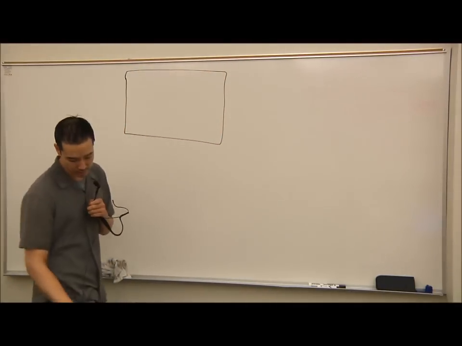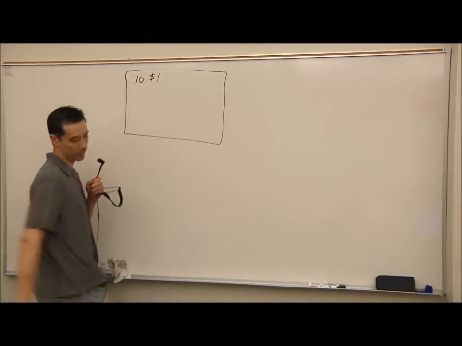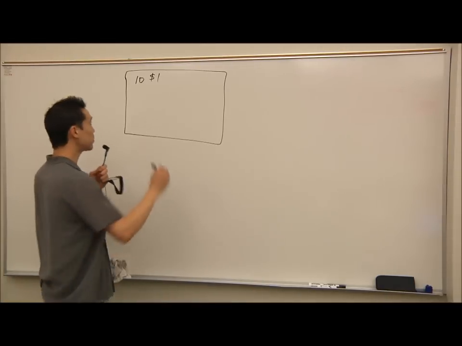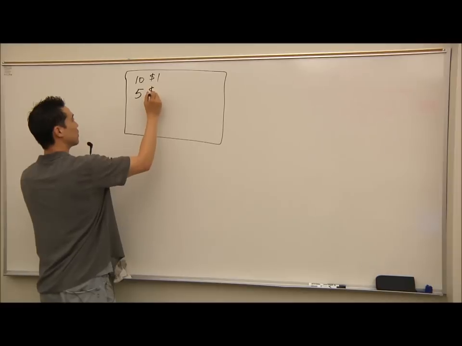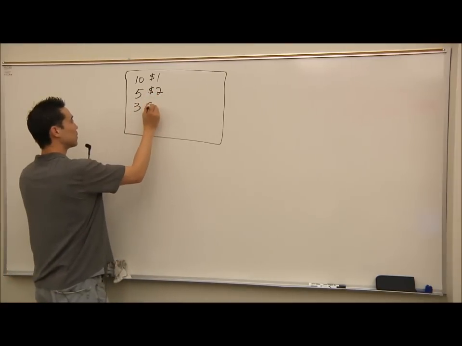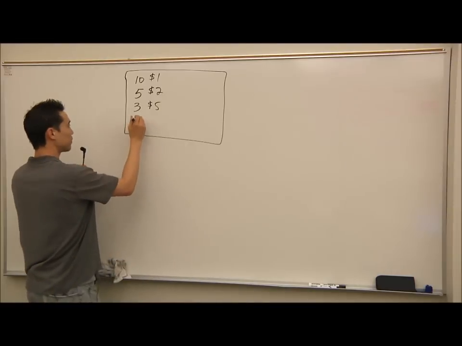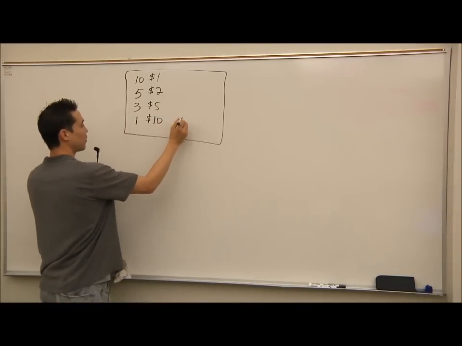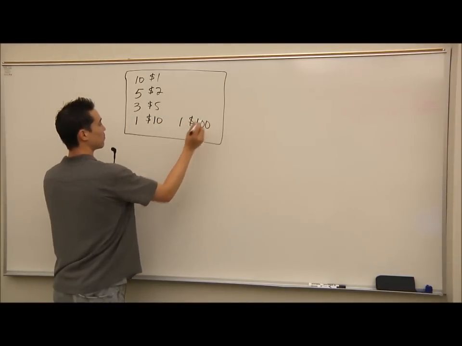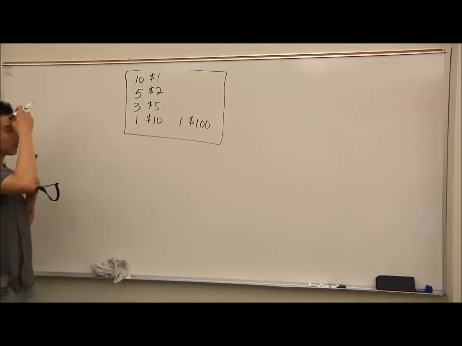And inside this box, we have 10 $1 bills, 5 $2 bills, 3 $5 bills, 1 $10 bill, and 1 $100 bill. Okay? And this game is called Charity Box.